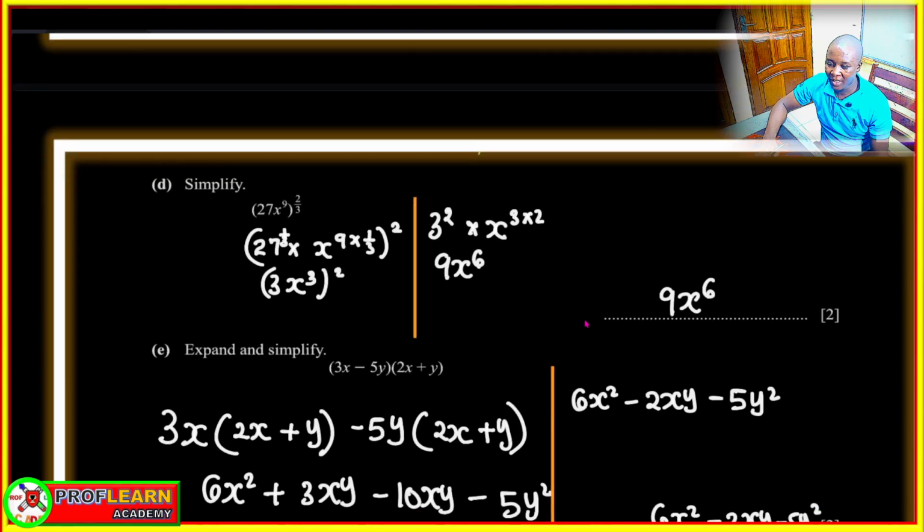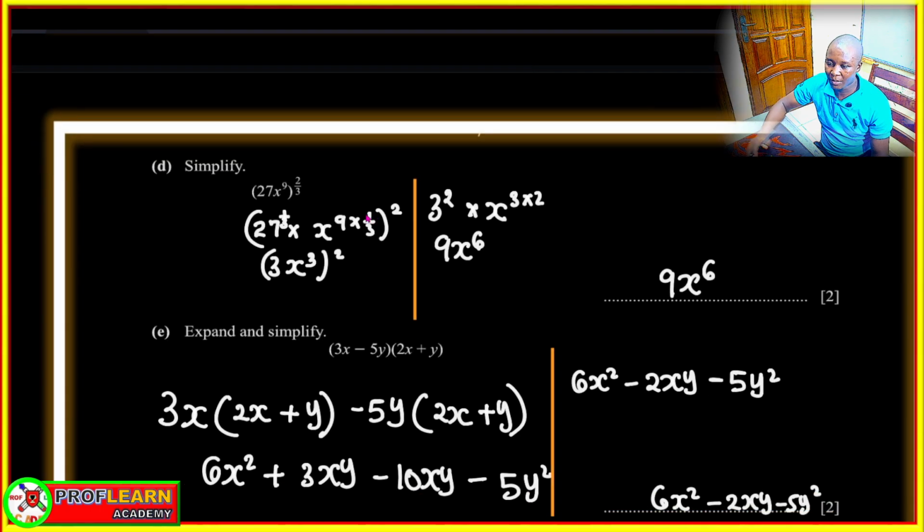All right, then we have indices. Already we have done this, but whenever you have a bracket for indices like that, it means this power that is outside here is going to be multiplied to every power that is inside this bracket. But we have 27 raised to power a third, x raised to power 9, then squared. What I've done is taken the power inside, I've left the 2 out.